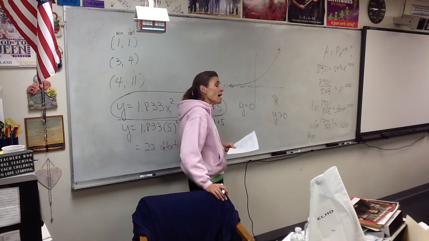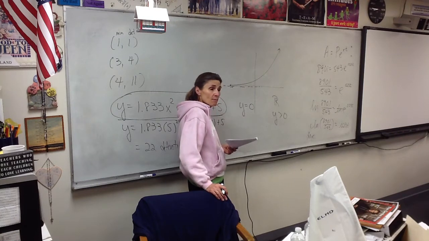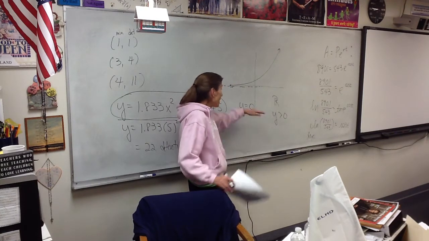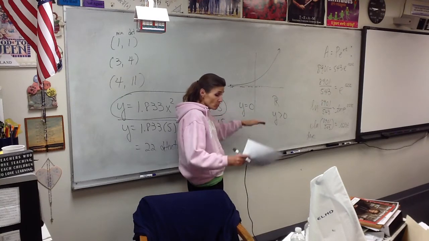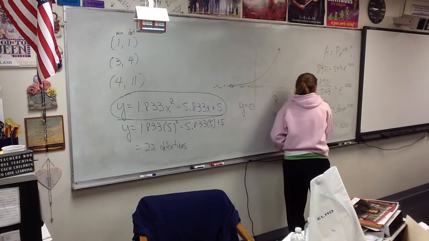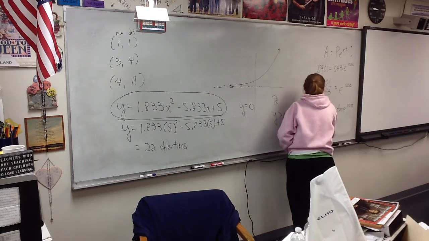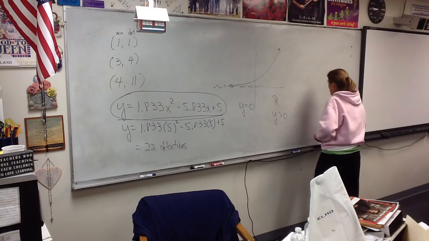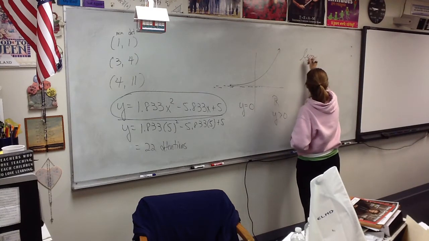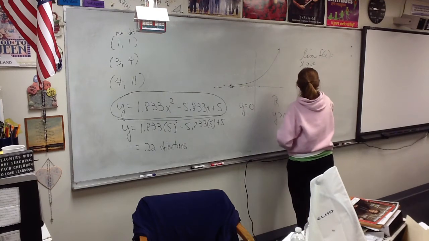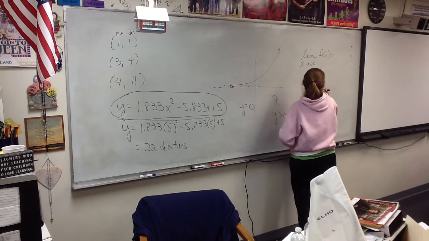Would you say it's bounded? Now remember, you can be bounded above, bounded below, or both. This is bounded below by its asymptote, y equals 0. And end behavior. This is the tricky one with the wild notation. End behavior. That's the limit as x approaches infinity and the limit as x approaches negative infinity.